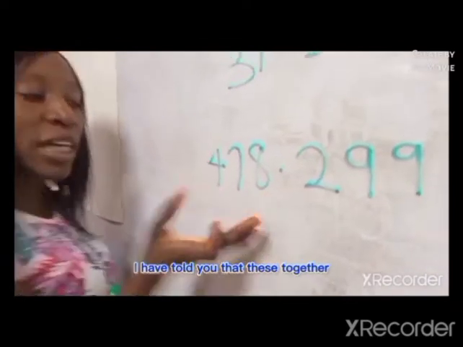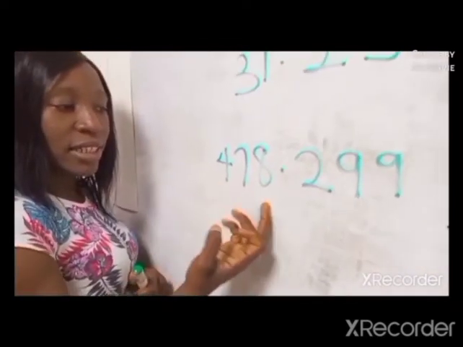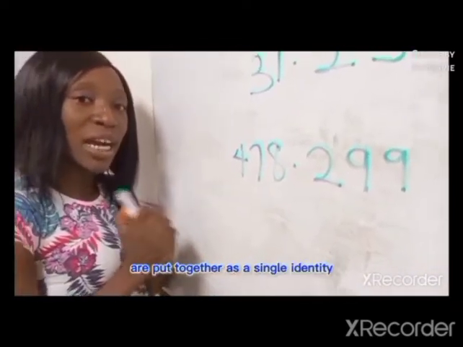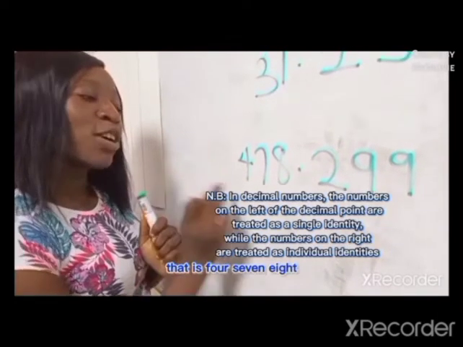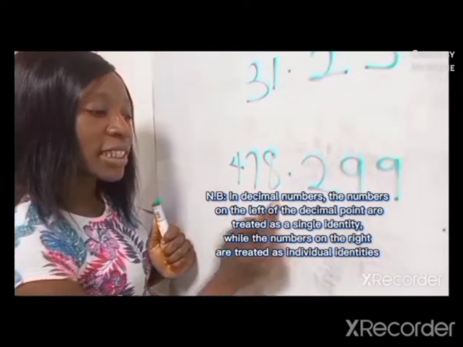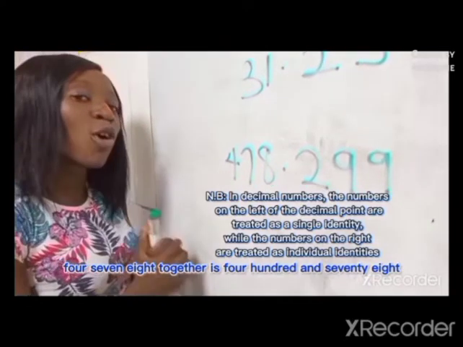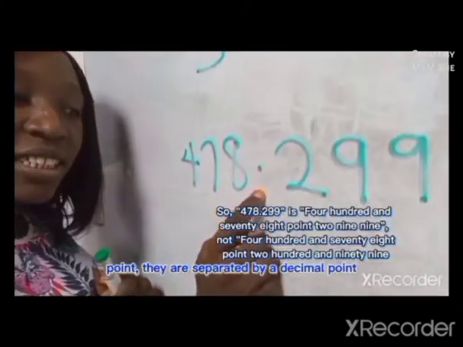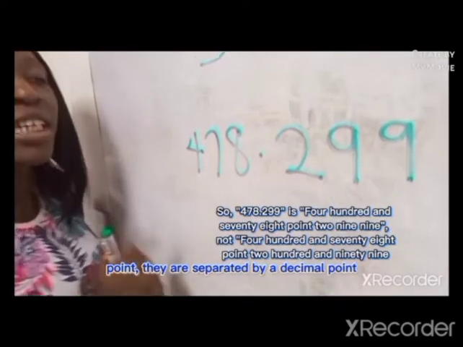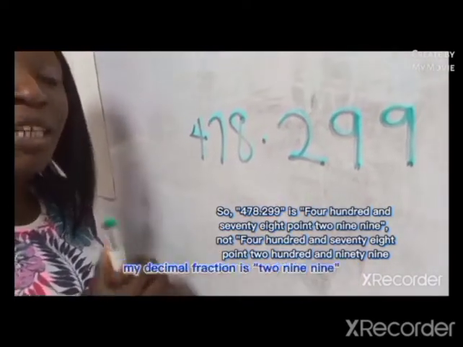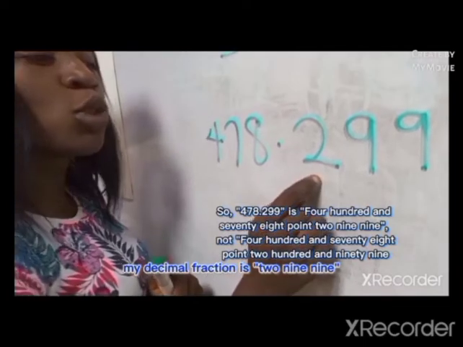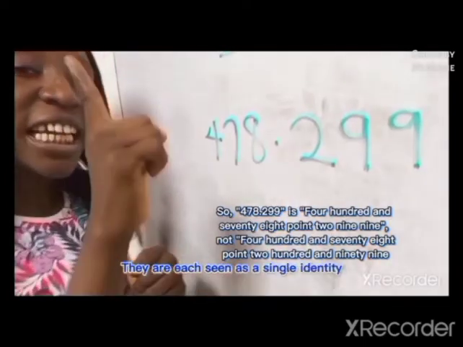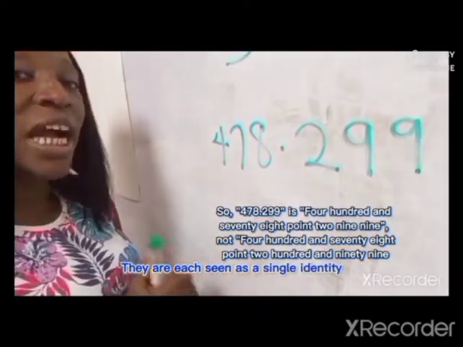I have told you that the whole number is put together as a single identity, that is 478. They are separated by a decimal point. The number on my right, my decimal fraction, is 299. They are each seen as a single identity.